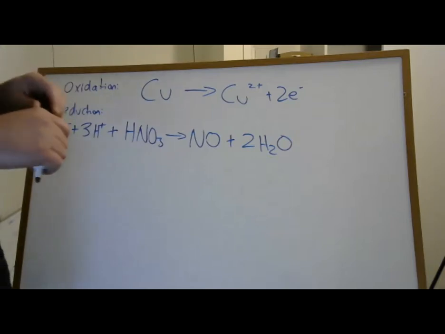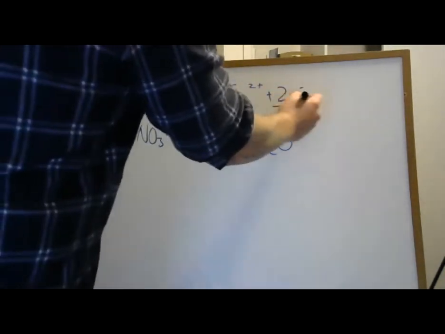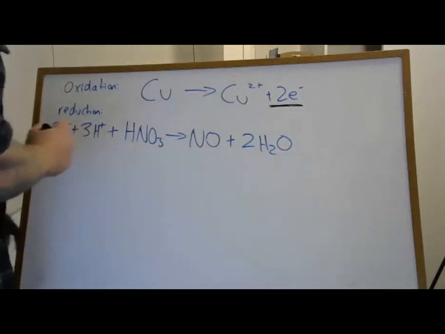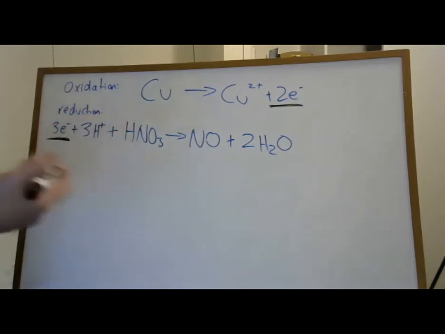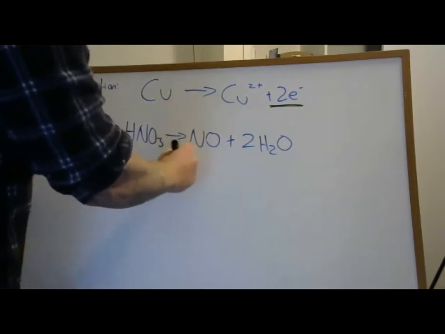So our oxidation reaction only has 2 electrons being transferred, whereas our reduction has 3. So that's not right. We can't continue on with that. So the lowest common denominator between 2 and 3 is 6.